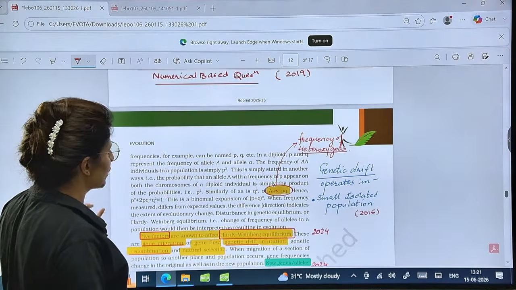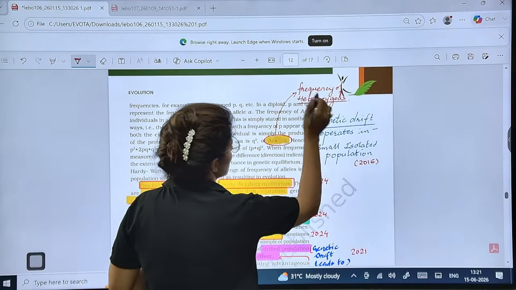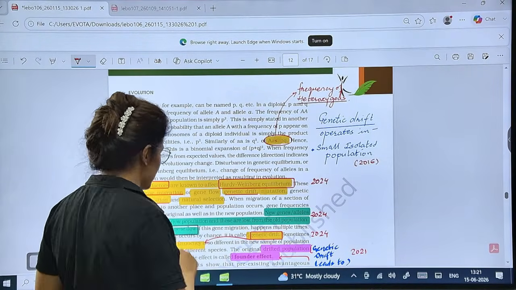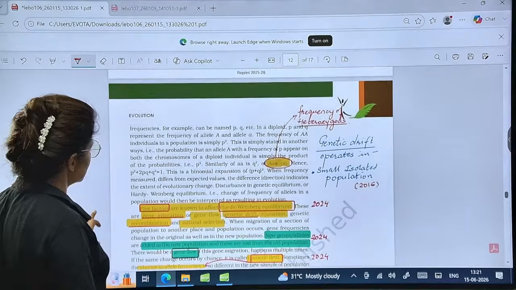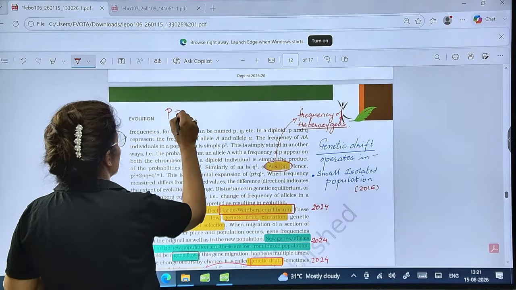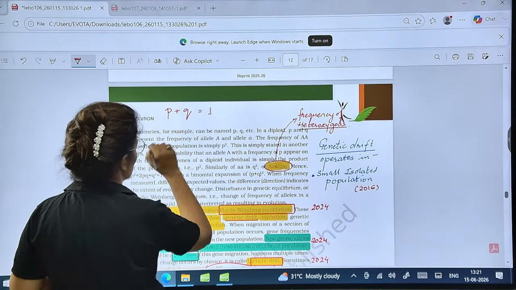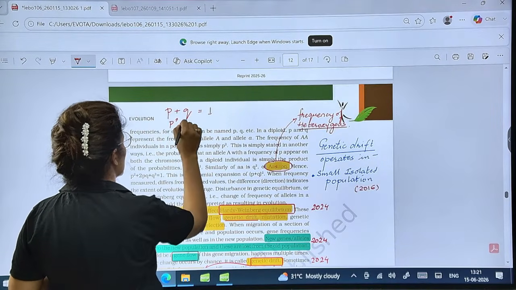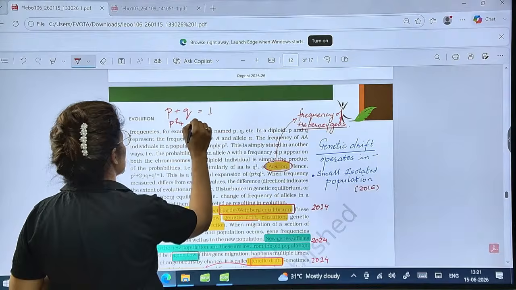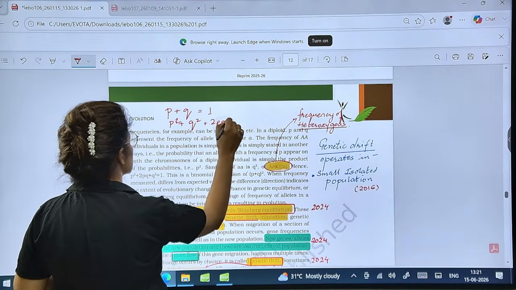Now coming on to this, we have frequency. How is frequency of heterozygous individuals expressed? First of all, this Hardy-Weinberg principle can be mathematically expressed as p + q = 1, and if we square it, it becomes p² + q² + 2pq = 1.